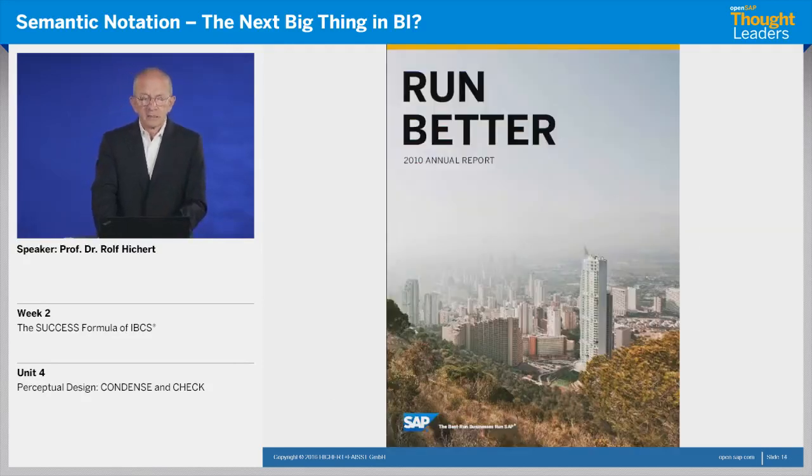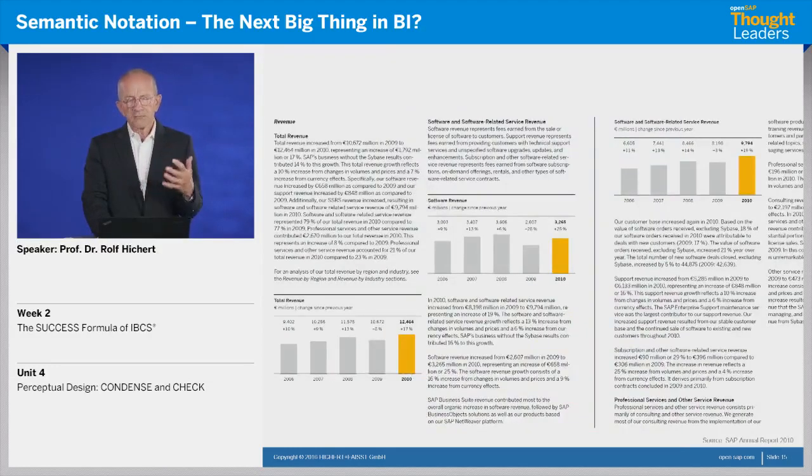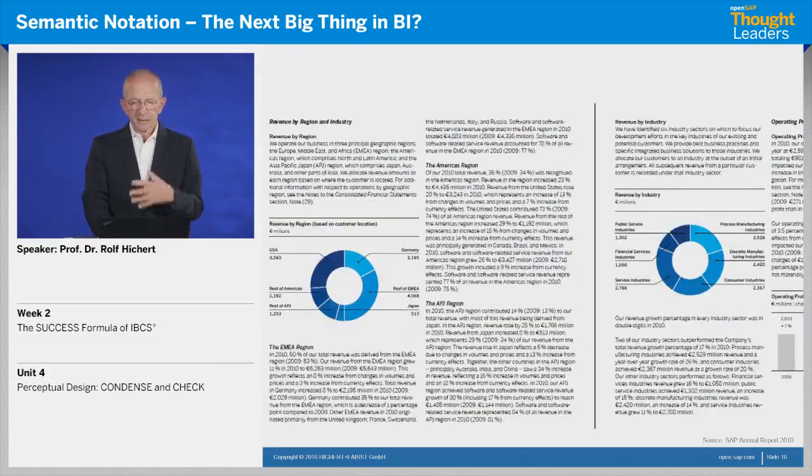This time it's an SAP report from 2010, where we have several charts talking about sales and profit. There are 3 here on these 2 pages, and there are 2 pie charts, 2 circles more on these pages.